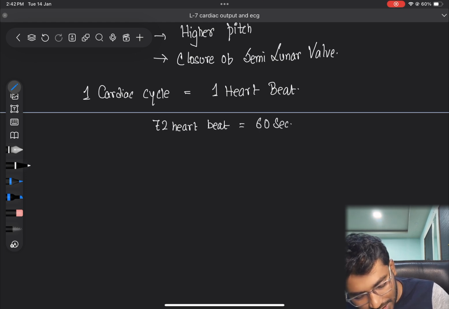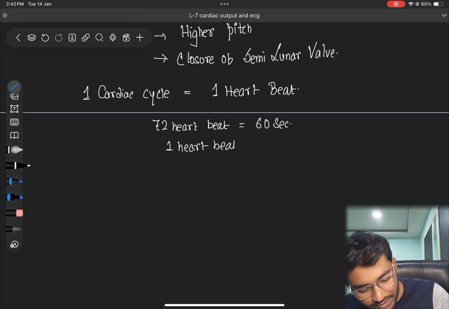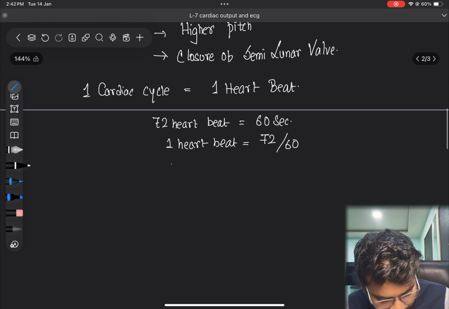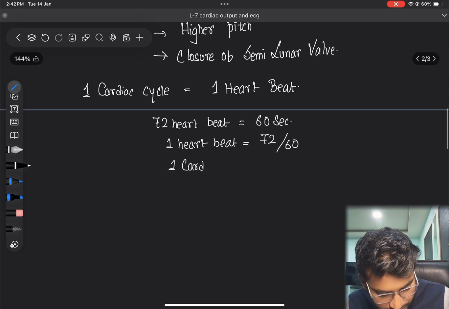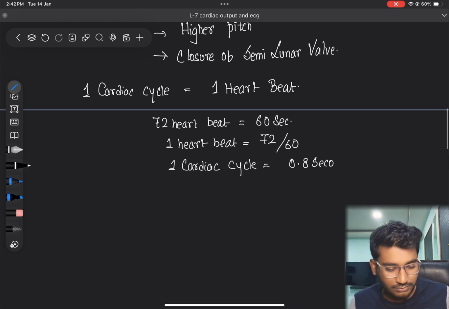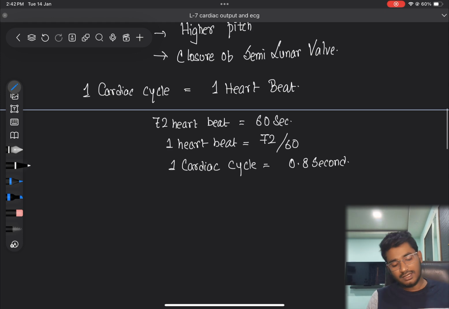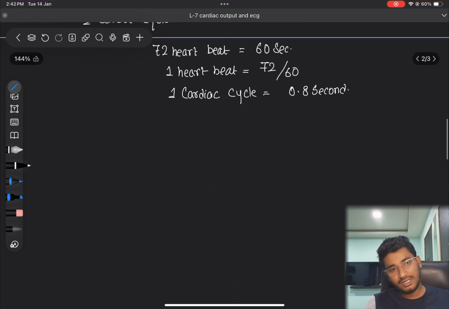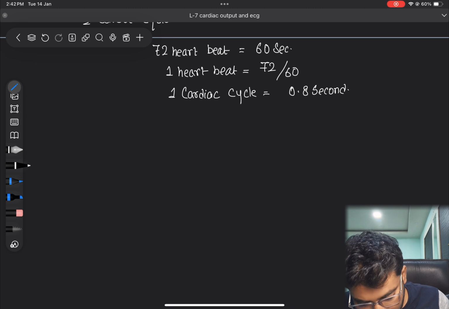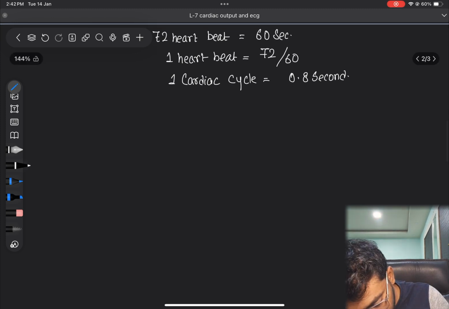So 1 heartbeat is equal to 60 by 72, so one cardiac cycle completes in 0.8 second. Okay, got it? This is how the duration of the heartbeat is calculated. So now come to the cardiac output.